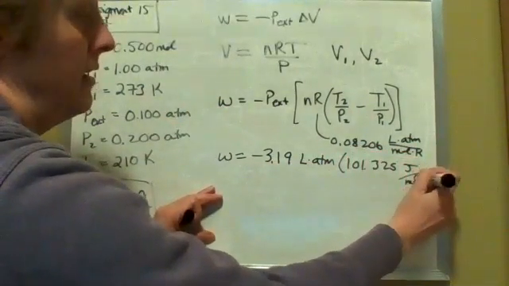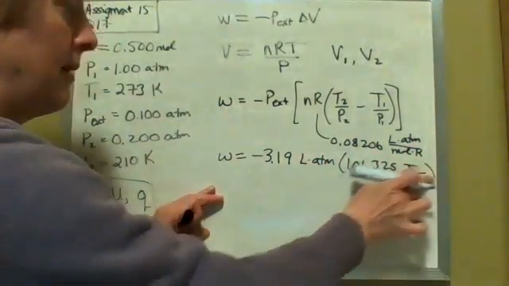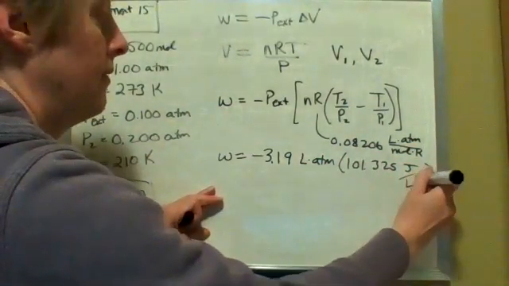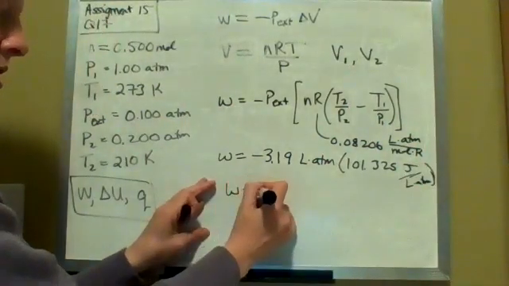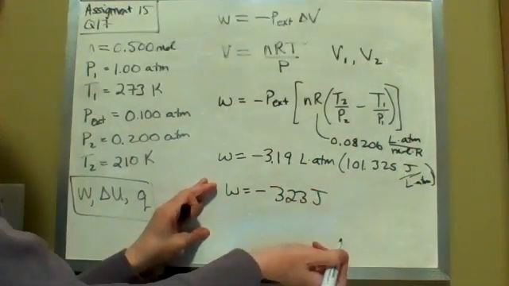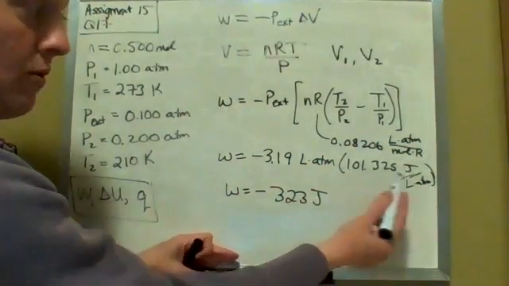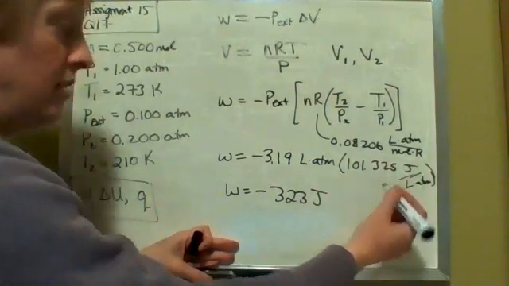This is the common conversion factor, in joules per liter atmosphere. So you end up turning your work into minus 323 joules.